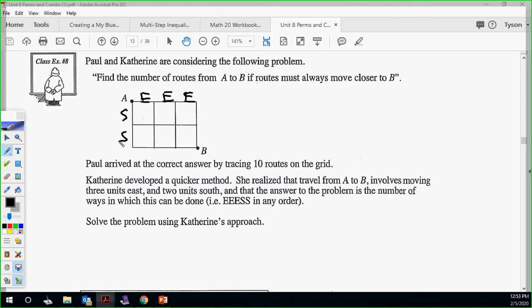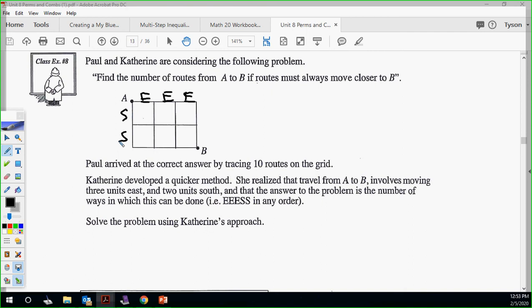So that means no matter what, guys, if you're moving to that dot B and you're always going forward, you have to go 1, 2, 3, 4, 5. It's 5 movements no matter how you do it. That makes sense? So if we're always going closer to B, it's going to take 5 movements. There's no shortcuts.